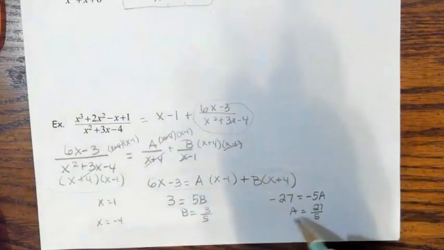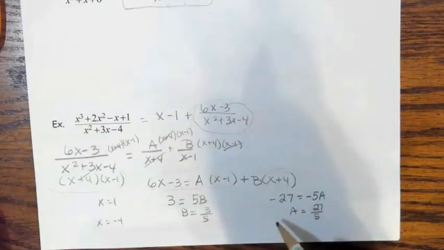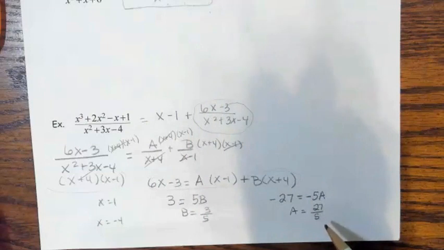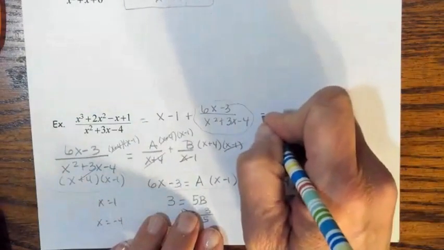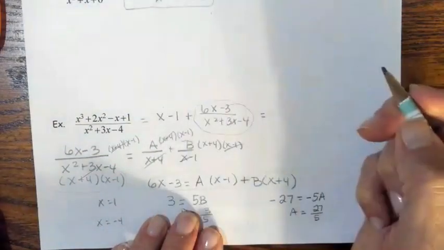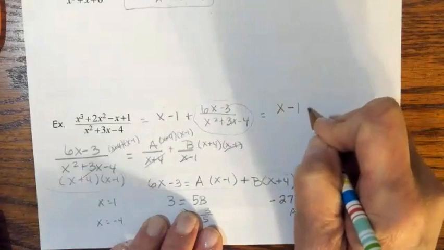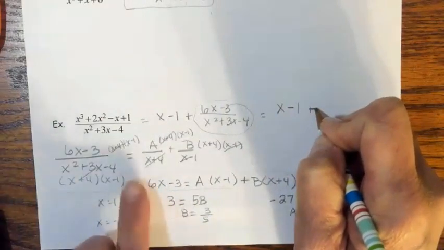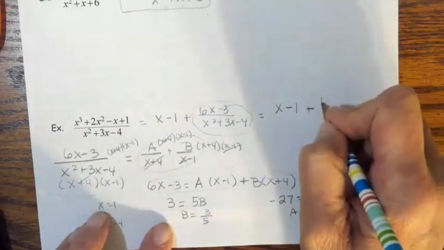Because both of those values have a 5 in the denominator, I'm going to factor out 1/5 for part of my answer. So you have to be careful. So over here, we still have this x minus 1 plus. So now I'm doing this part of it. I'm factoring out a 1/5.